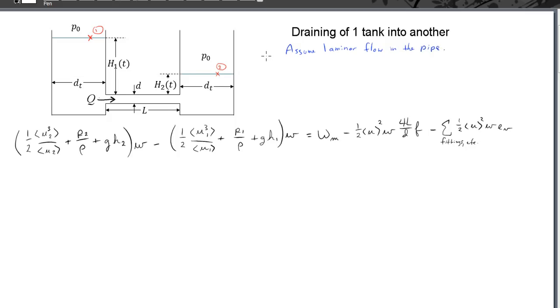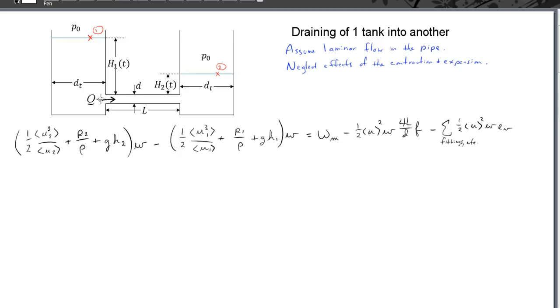We're also going to neglect the effects of the contraction at the inlet and the expansion at the outlet of the pipe.